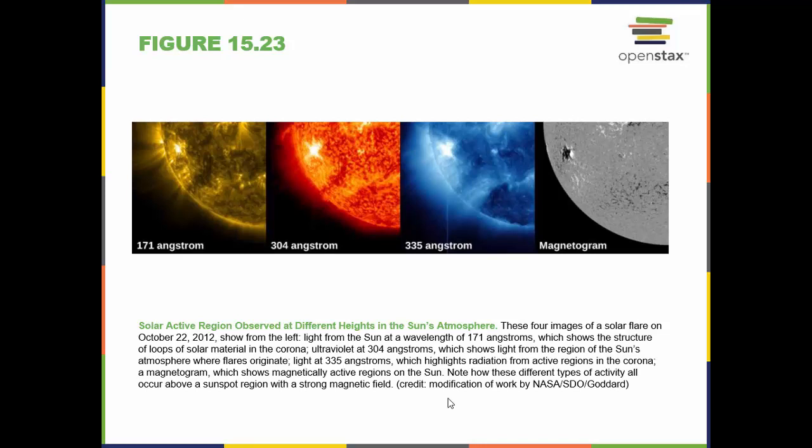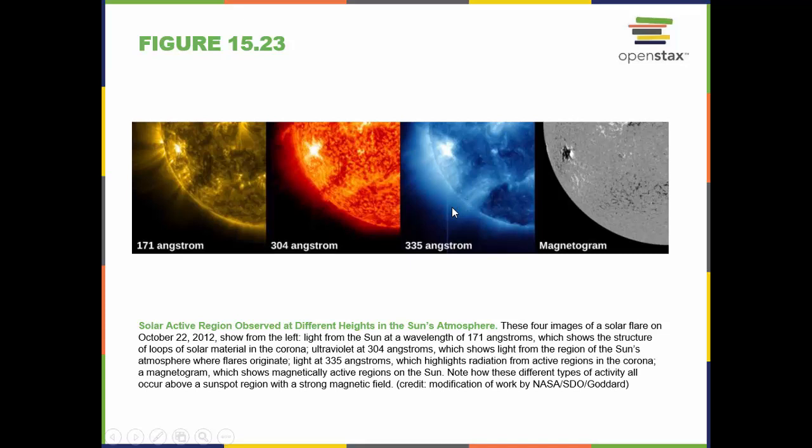And this shows the structure of the loops of the solar material in the corona. Then we see ultraviolet at a wavelength of about 304 angstroms, which shows light from the region of the sun's atmosphere where flares originate.